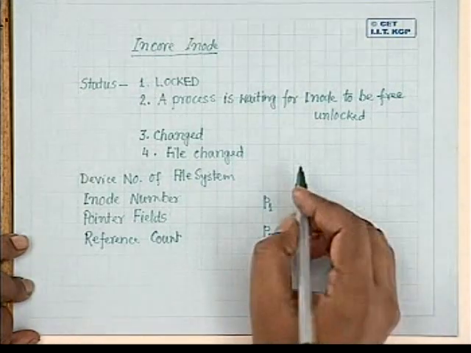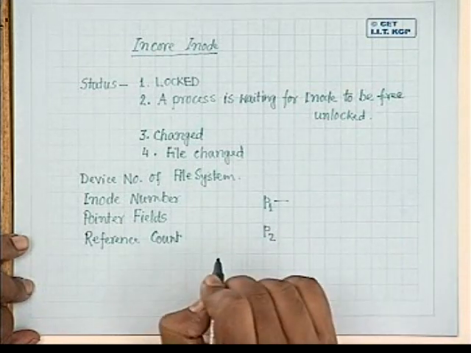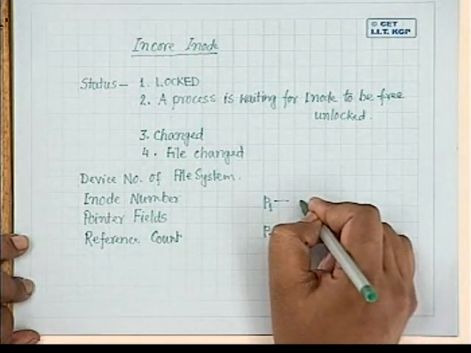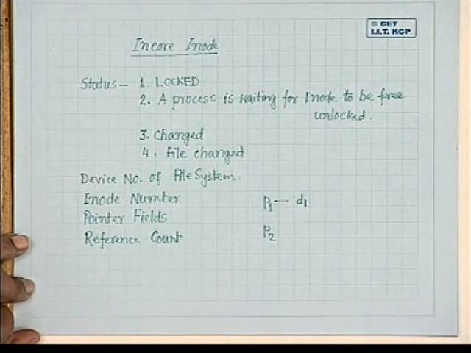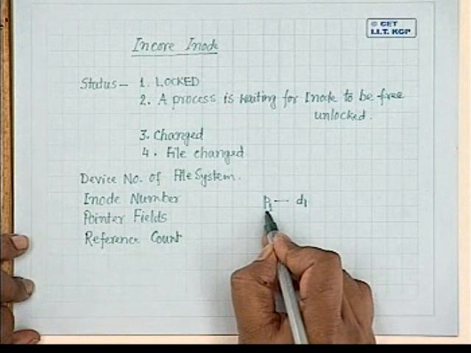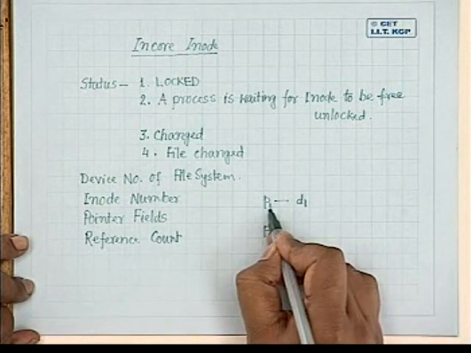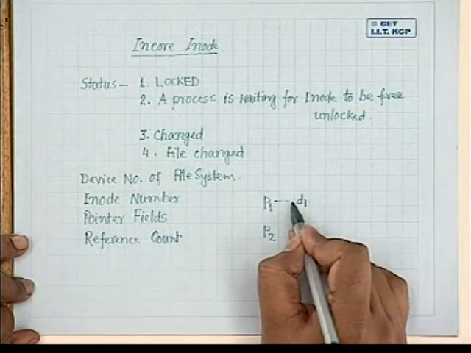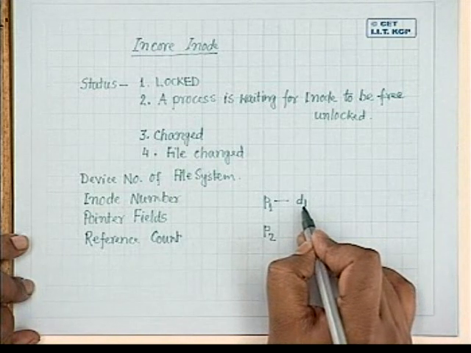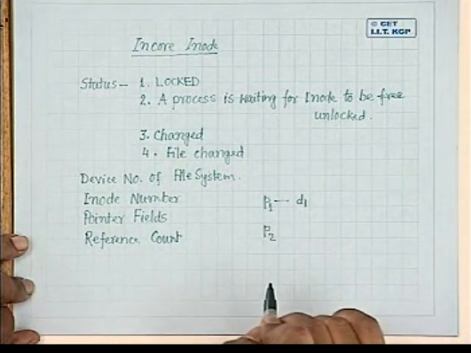Now suppose process P1 wants to read a particular character, say at an offset D1 from the file. So when process P1 wants to read a byte at offset D1, it has to use the inode, because the block address of this offset D1 of the file will be available from the inode only. That is contained in the inode table of contents.